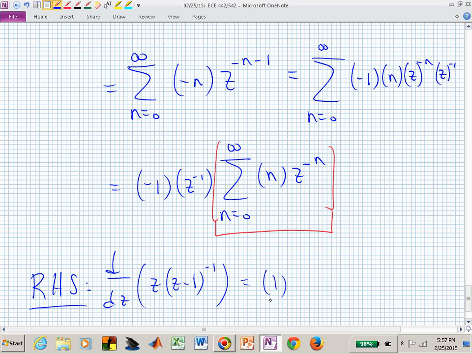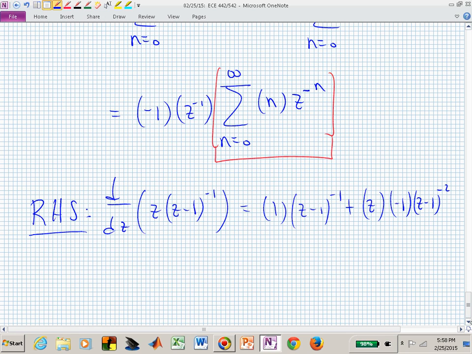So I have the derivative of the first times the second, plus the first times the derivative of the second, and that's times the derivative of Z, which is 1, so I can basically stop there.